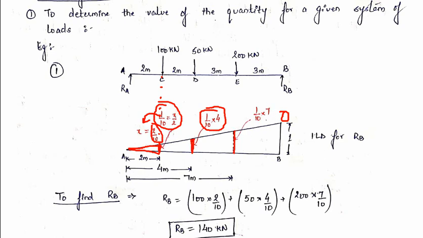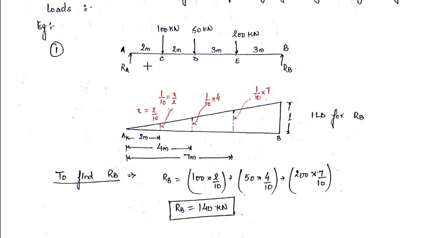So 7 by 10. Now in order to find the value of RB, you just have to multiply the loads with the ordinates under the loads. The first load is 100, and the ordinate under the 100 kilonewton load is 2 by 10. So 100 into 2 by 10, plus the second load is 50, and the ordinate under the 50 kilonewton load is 4 by 10, so 50 into 4 by 10, plus 200 into 7 by 10.